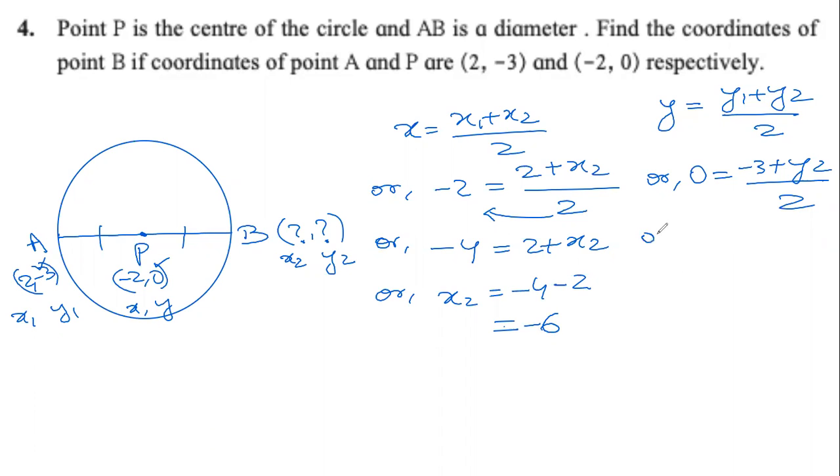Similarly, when we solve for y2, 2 into 0 will be 0 equals minus 3 plus y2. And when we take minus 3 to the left hand side, y2 equals 0 plus 3, which is 3. So the coordinates of B are minus 6, comma 3.